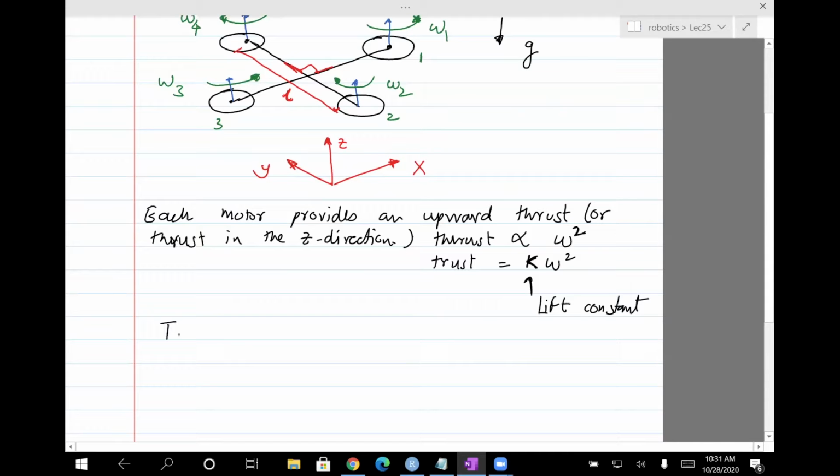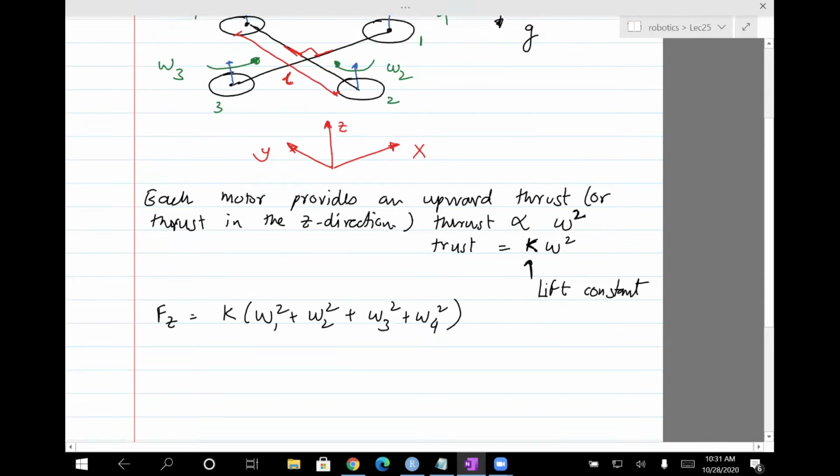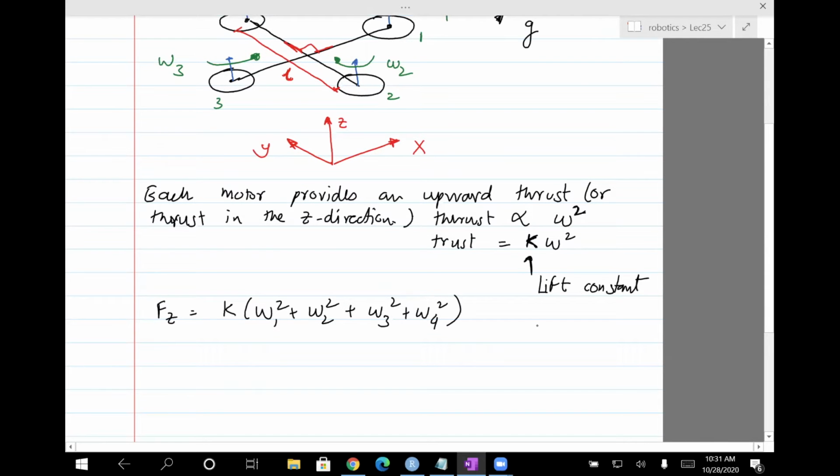So in this case, the thrust, which is the force in the z direction, we call it Fz, and it is given by the sum of all the squares of the speeds. This thrust Fz is now balancing mg.